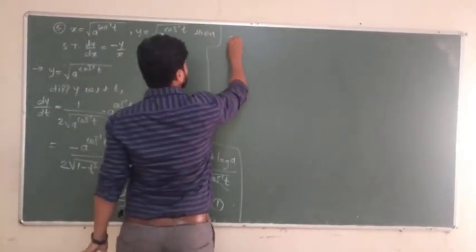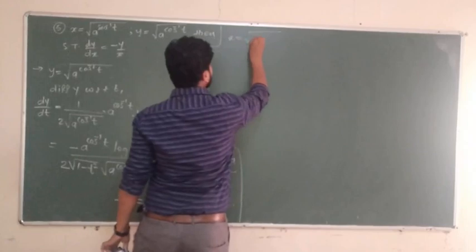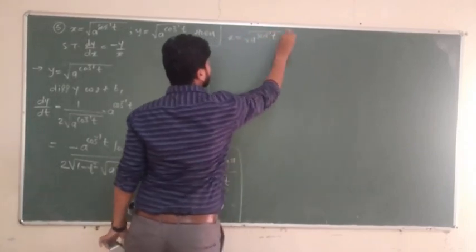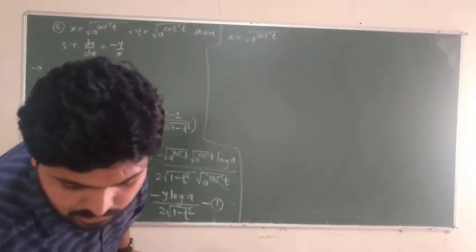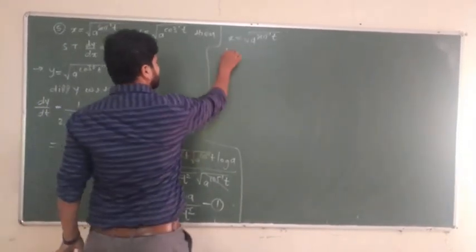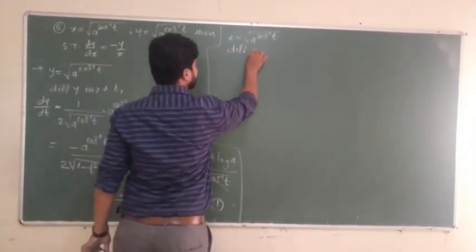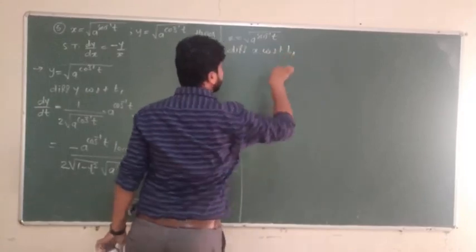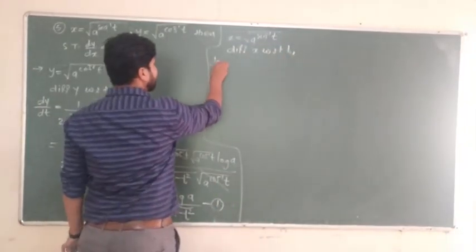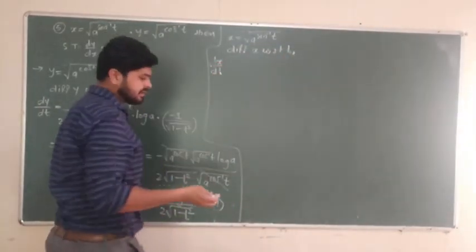So what is x? x is equal to root a raised to sine inverse t. If you differentiate x with respect to t, then the derivative is dx by dt.